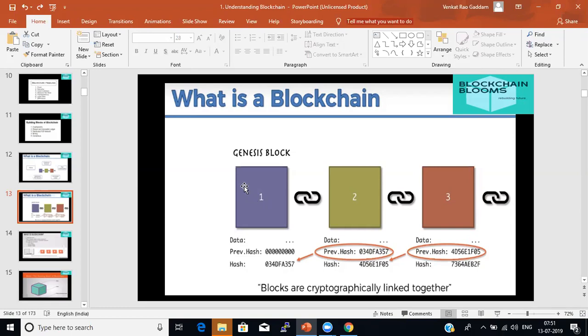Even if he touches any of the records, the hash code will be modified, and this hash code will not fit this hash code. So automatically the link will be disconnected between these two blocks. The link will be disconnected if someone modifies this record, right?